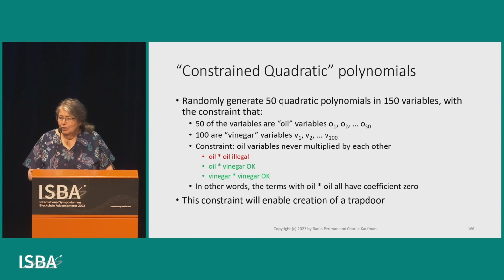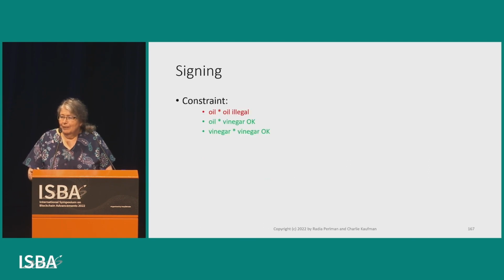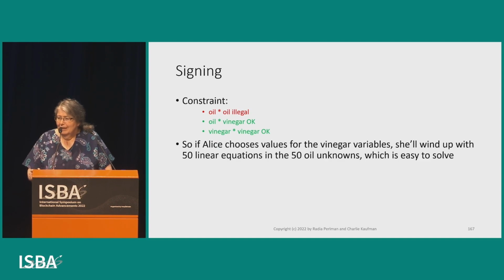So what can you do with that? As I said, that's the constraint. What Alice can do is choose random numbers for the vinegar variables, and she'll be left with linear equations in the oil variables, and she can solve those because they're now linear.